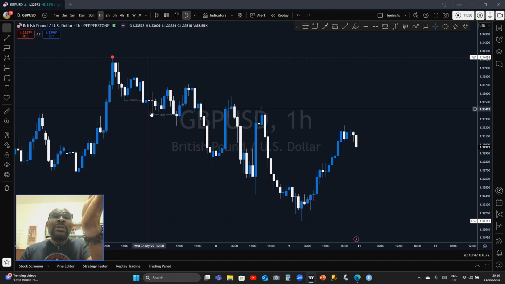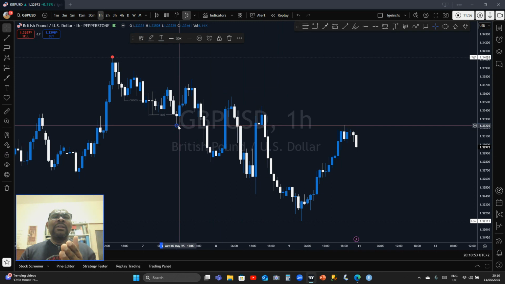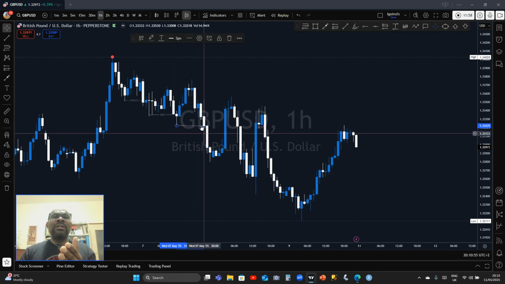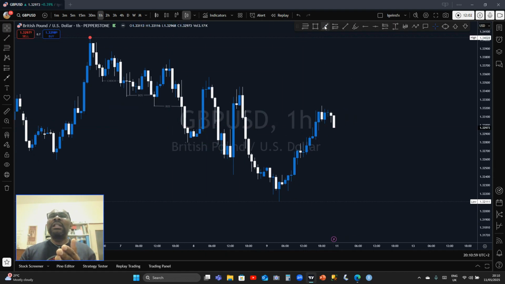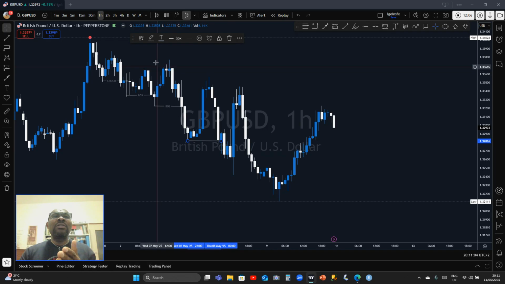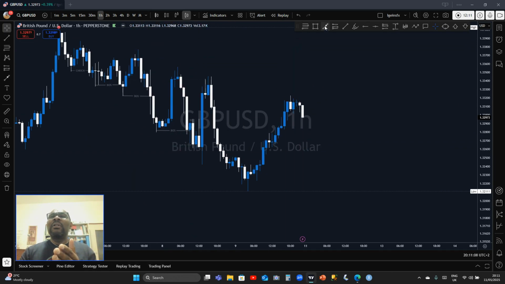You now need to read the structure. You don't just jump in. Read the structure. All right. We have another break of structure. You see that market is just breaking structure. Price action is just breaking structure to the downside.